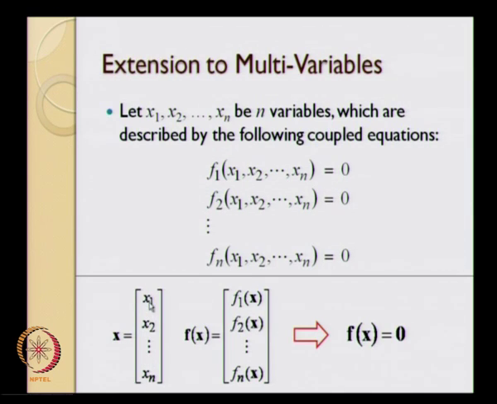It is going to be a column vector where the n variables form the n rows of that particular vector, and f is also going to be a vector where the first element of f is just f1 computed at x1, x2 up to xn, the second is f2 computed at x1, x2 up to xn, and so on up to fn. And these n equations in n unknowns we can write in a shorthand notation in the form f of x equal to 0. Okay, so that is the shorthand notation for this particular system.